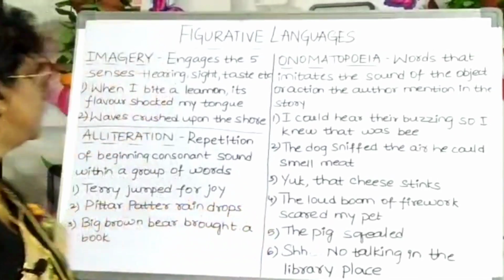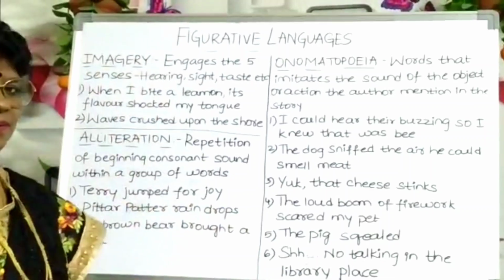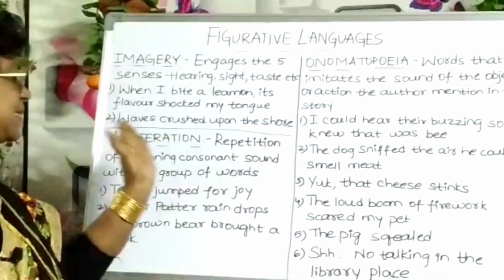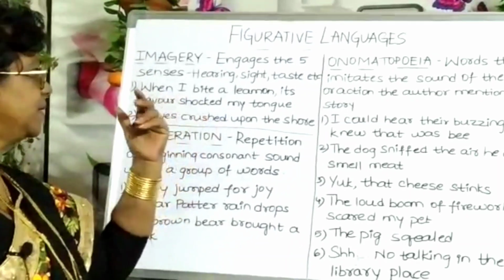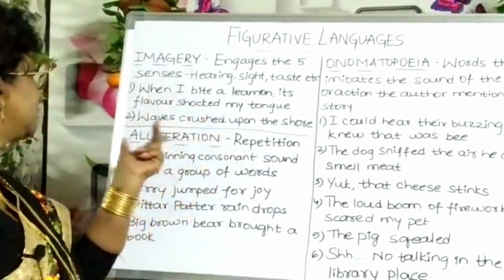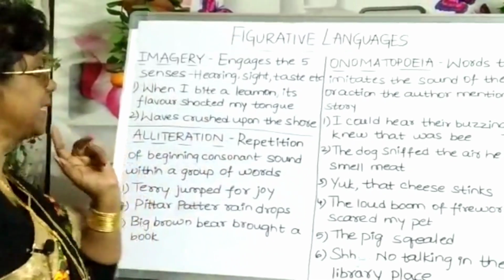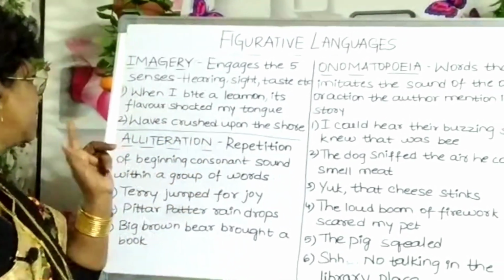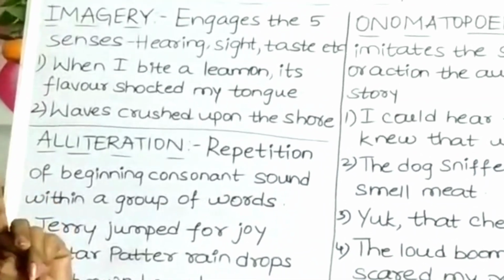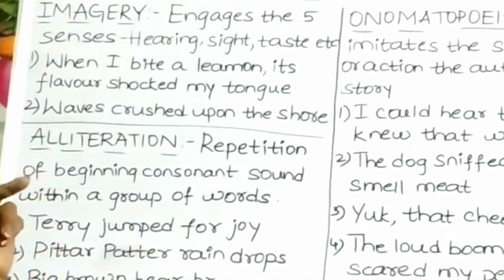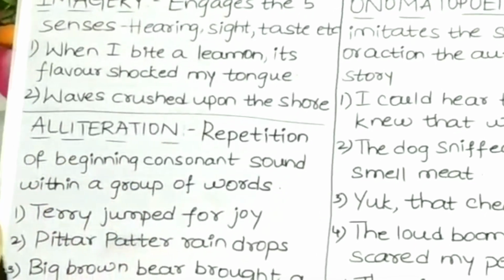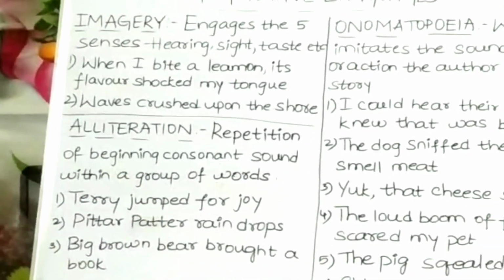Next one, imagery. Imagery engages the five senses: hearing, sight, taste, etc. For example, when I bit a lemon, its flavor shocked my tongue. Waves crashed upon the shore. These are examples of that. Next one, alliteration.